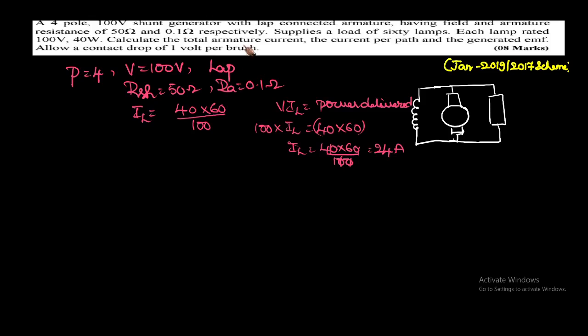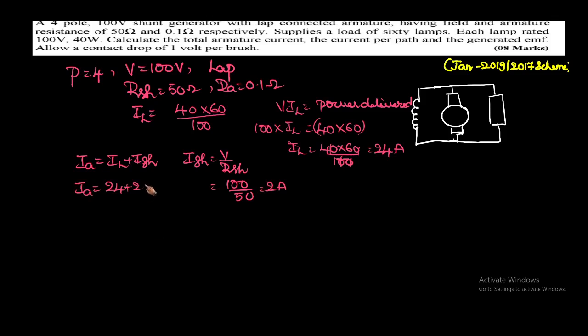Next, he is asking for the armature current, the current per path, and the EMF generated, allowing a brush drop of 1 volt. First we will calculate the armature current. Armature current is IL plus ISH. The ISH formula you already know, that is V by RSH. V is the terminal voltage, 100 volts, and RSH value is 50, so ISH is 2 amperes. So armature current is 24 plus 2, that is 26 amperes.